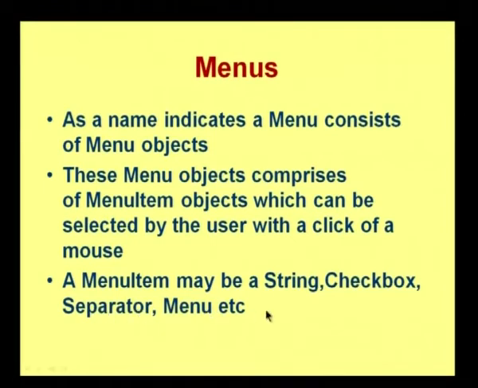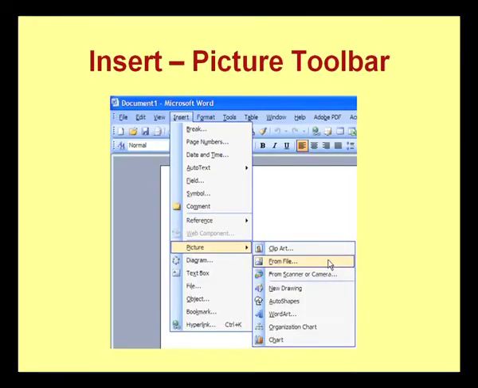In the menu items, I can include a particular string. If I want, I can even include a checkbox. In Microsoft Word, if I want to include a picture toolbar, I will go to my toolbar, right click it, and then enable the checkbox.